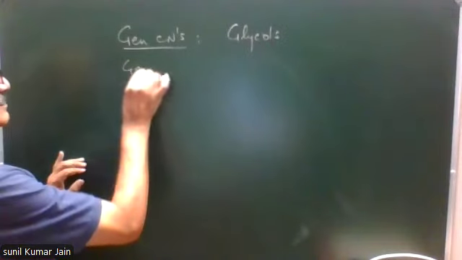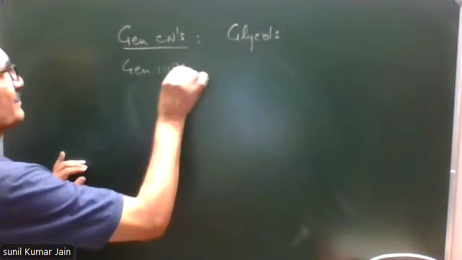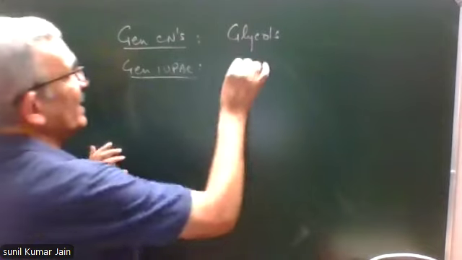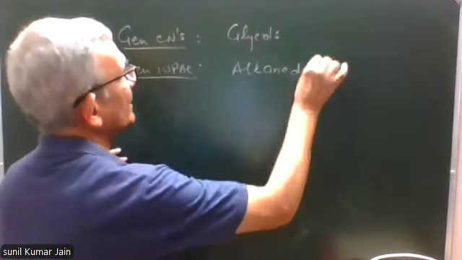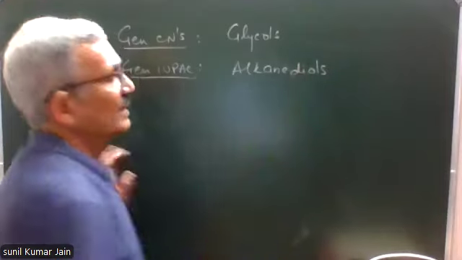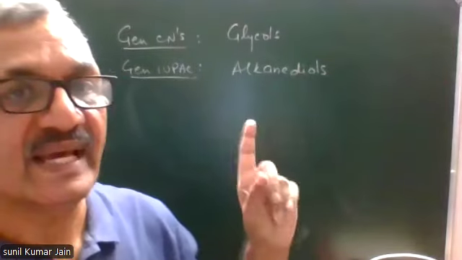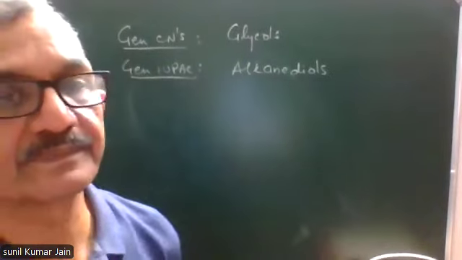General IUPAC name: alkane diols. This is one word.